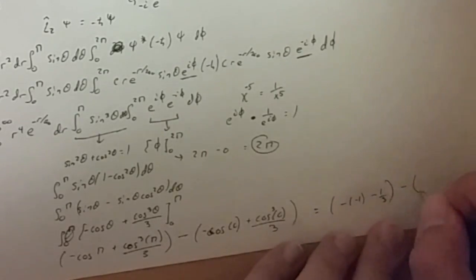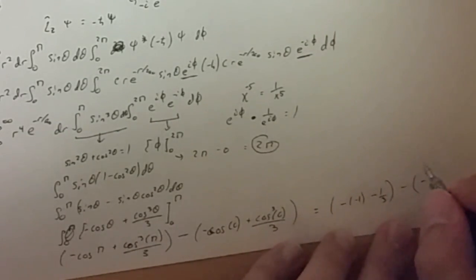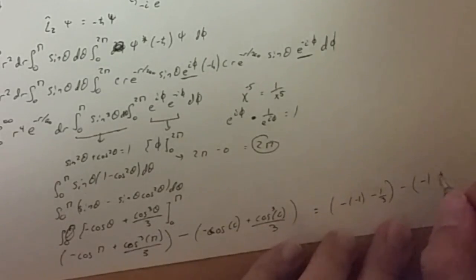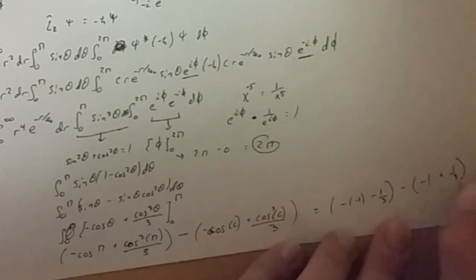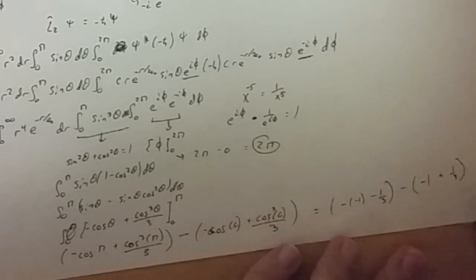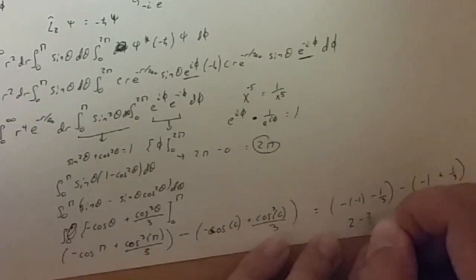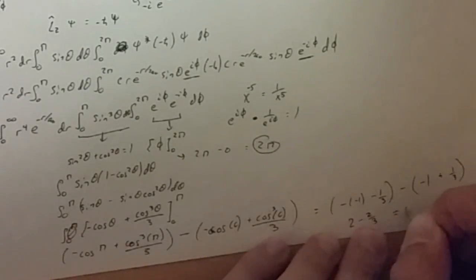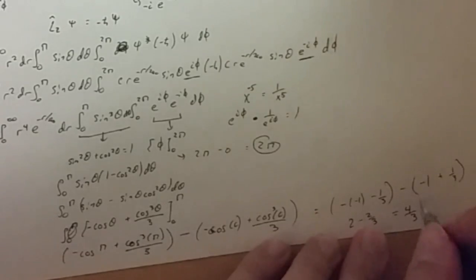So we end up with 1 minus 1/3, minus negative 1 plus 1/3. When we simplify this out, this ends up as being 2 minus 2/3, which equals 4/3.